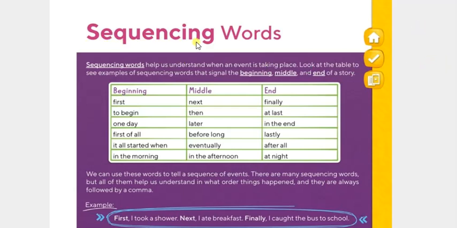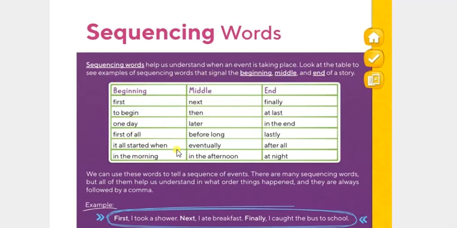This topic is sequencing words. This is very easy because you already handled this, okay? We already know these words. As you can see, sequencing words help us understand when an event is taking place. Look at the table to see examples of sequencing words that signal the beginning, middle, and end of a story.